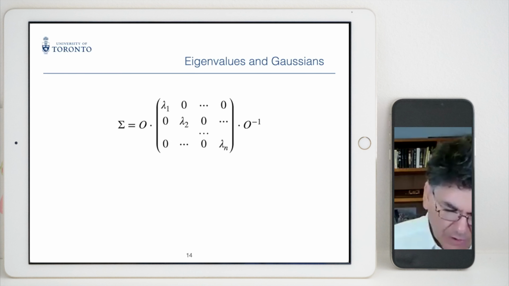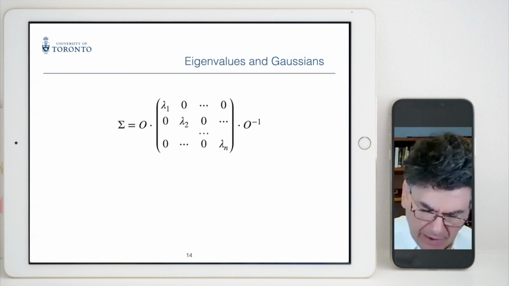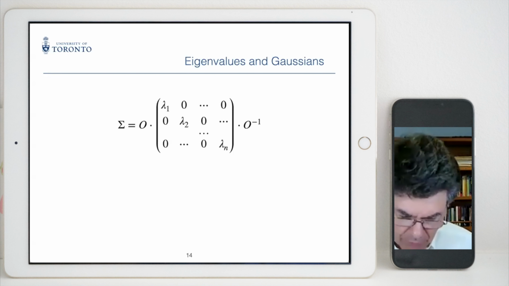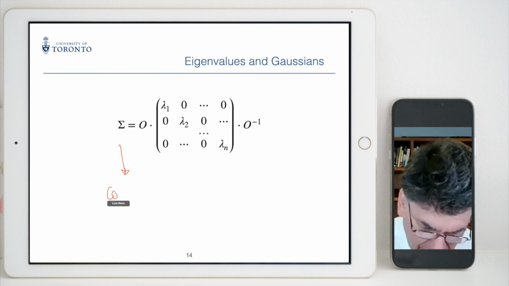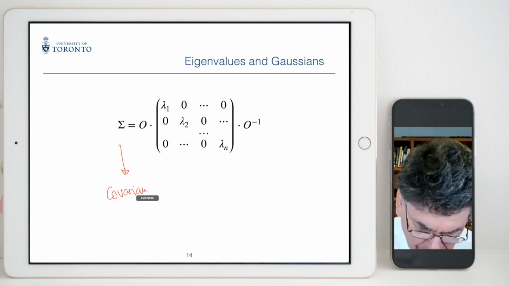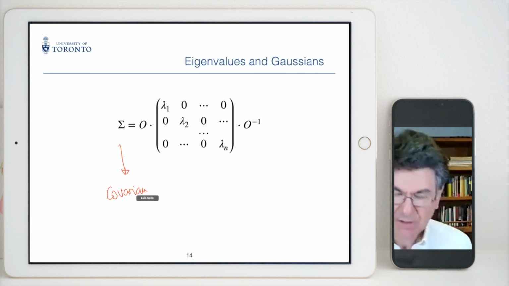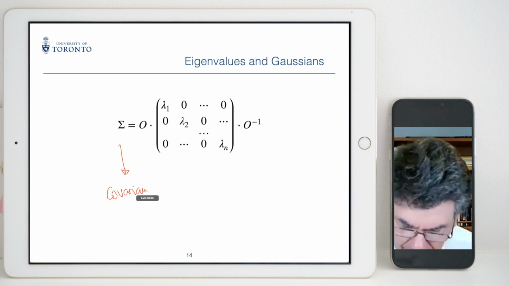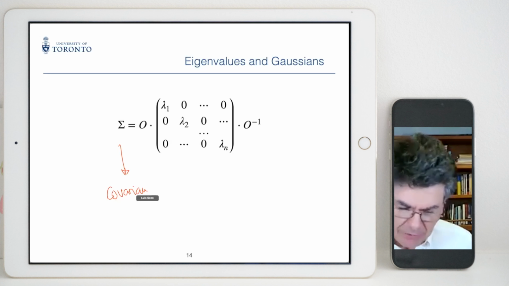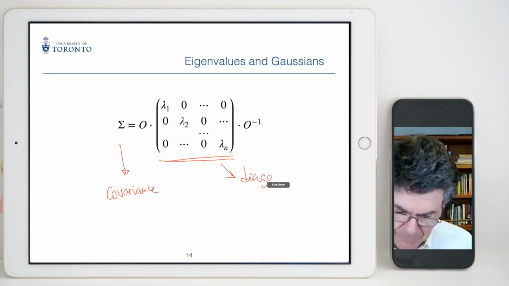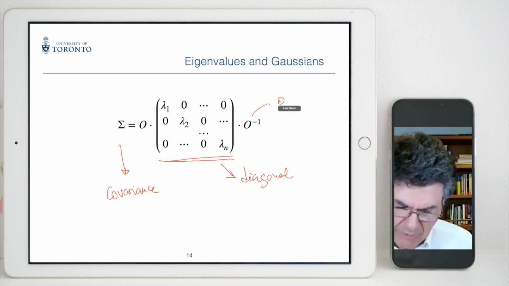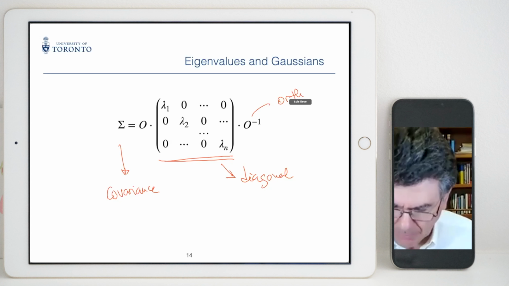So the basic conclusion of what we're discussing is that a covariance matrix will always be a certain diagonal matrix times an orthogonal matrix.